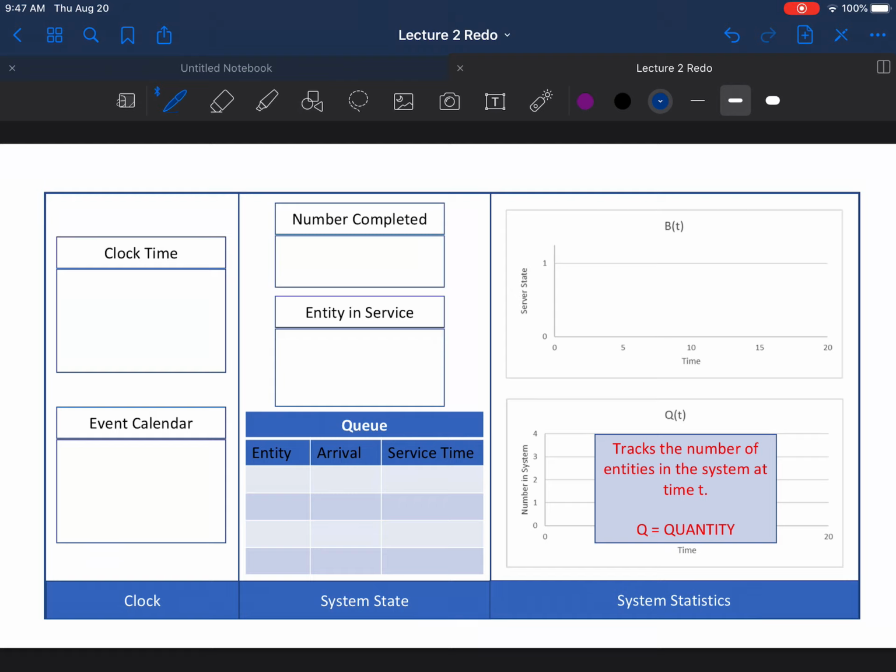That's also a step function. It turns out for the example simulation, we'll only need 4 in the vertical. So again, a step function that's going to be at level 0, 1, 2, 3, or 4, and it'll reflect the number of entities, the number of parts, currently in the system.